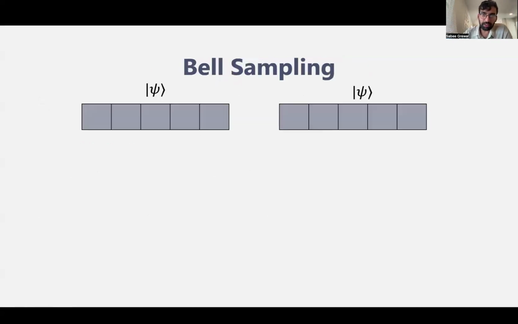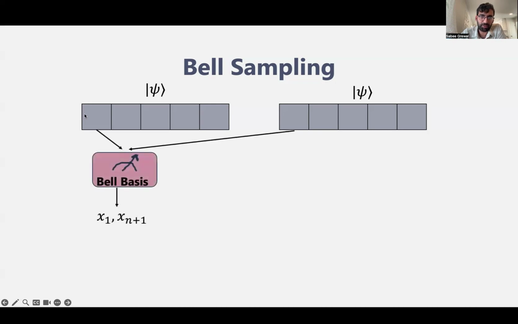Now I want to explain what Bell sampling is. Here we have two copies of a quantum state psi. These cells are qubits of psi. The way Bell sampling works is we pair off the first qubit of each copy and we measure in the Bell basis. We get 2 bits of measurement outcome that we call x1 and xn plus 1.